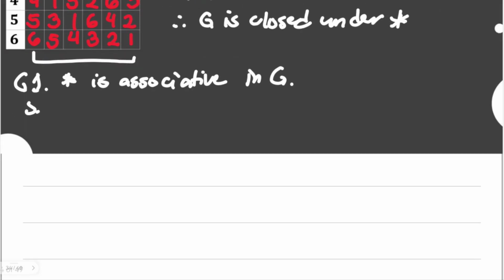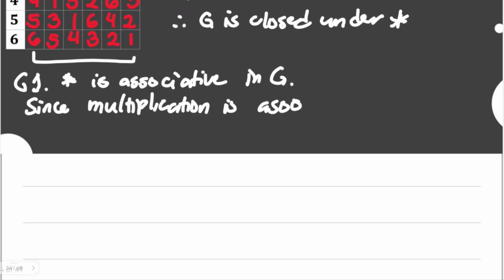So we have here, since multiplication is associative in Z in general.